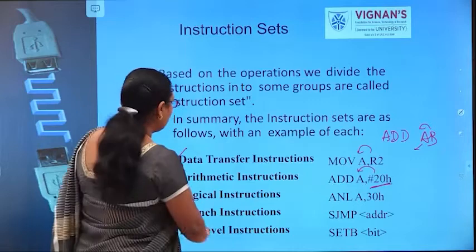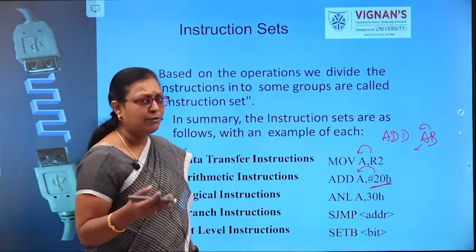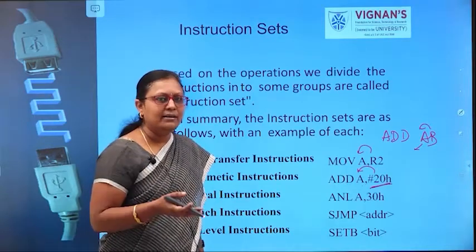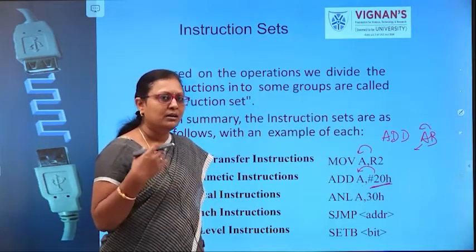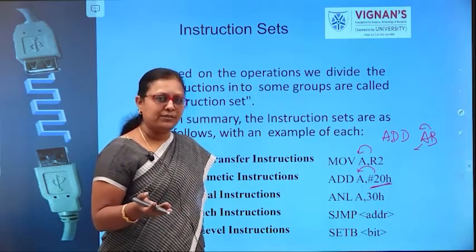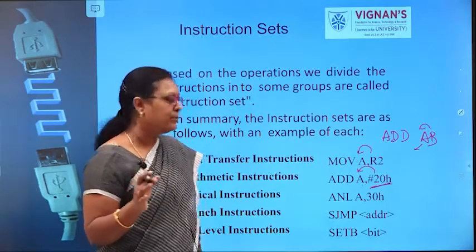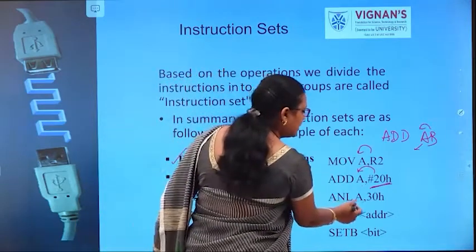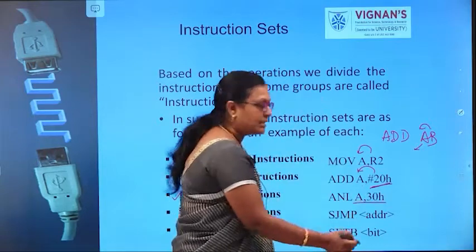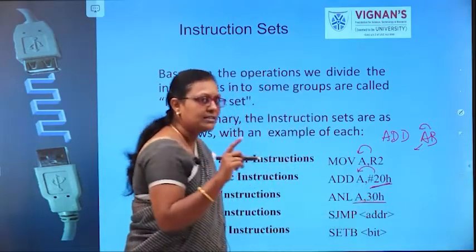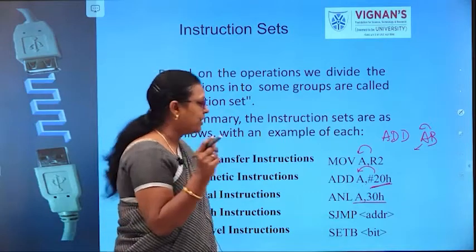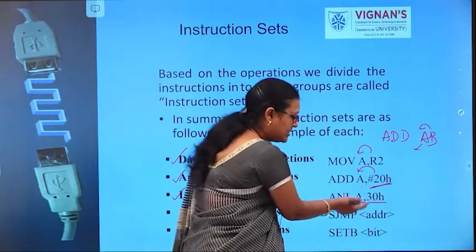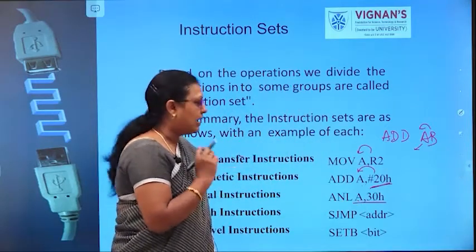Okay, logical instructions, in the sense, you have performed AND gate, OR gate, NAND operation, NOR operation, NOT operation, EXOR operation, everything, right? All these things can be performed by using these logical instructions. Clear? And ANL A, 30H, in the sense, this 30H is nothing but the address where your data is specified. So that data and the content of this accumulator register have to be ANDed.